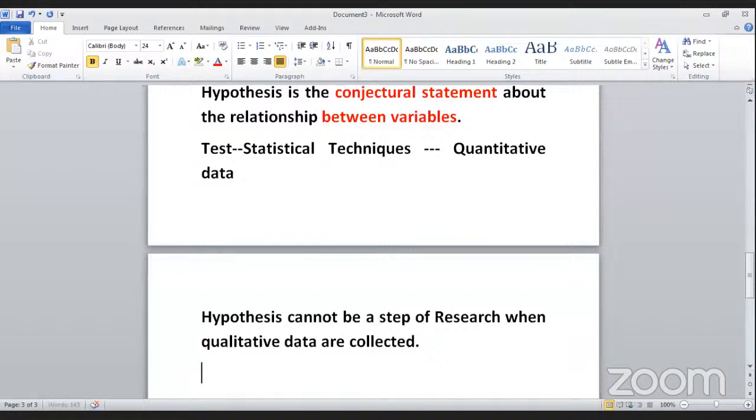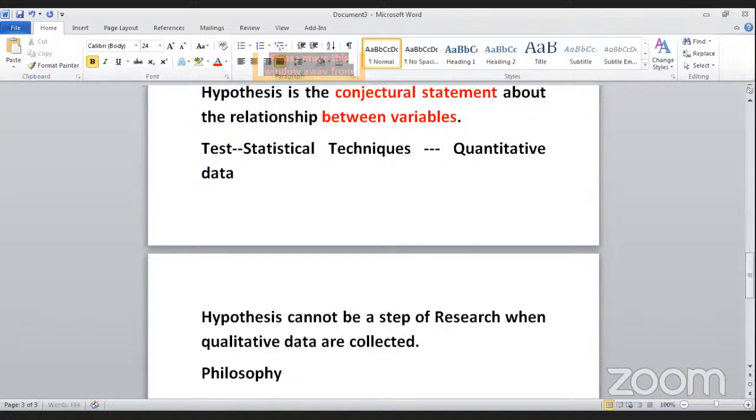So if you know philosophy, in philosophy, the information or the data which you will have will always be qualitative in nature. So whenever you are conducting a research where you have a problem related to philosophy, you cannot have a hypothesis.